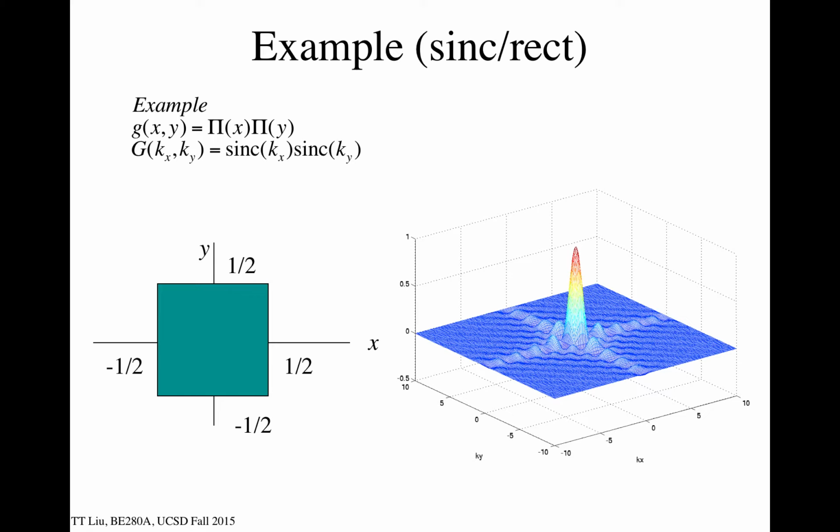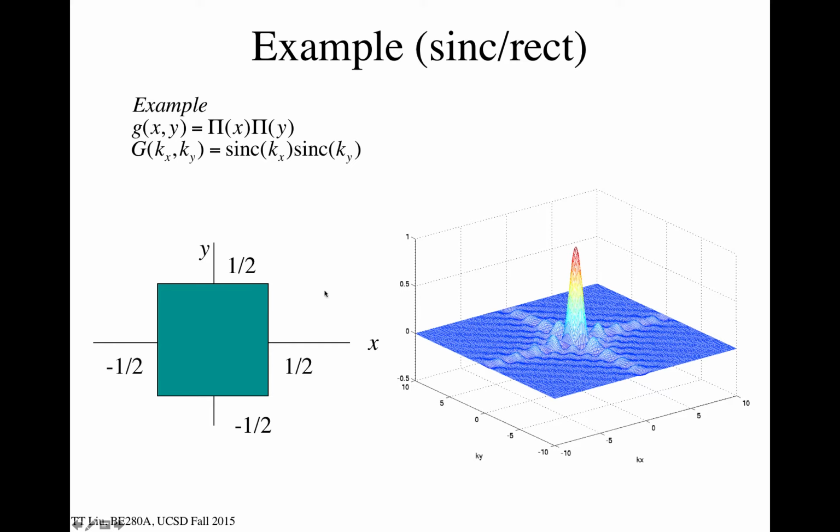For the next 3 slides, I'm not going to go through them, but you should do these as an exercise, which is calculating this for a function that we know very well, which is this rect function, right? So if little g(x,y) is a 2D rect function, we know analytically its Fourier transform in kx and ky is this. Remember, this is the product of sinc functions.